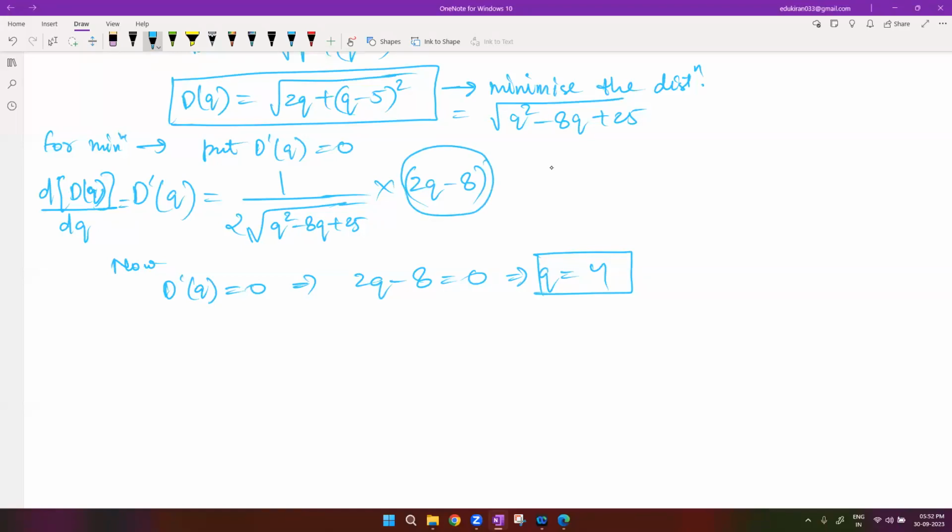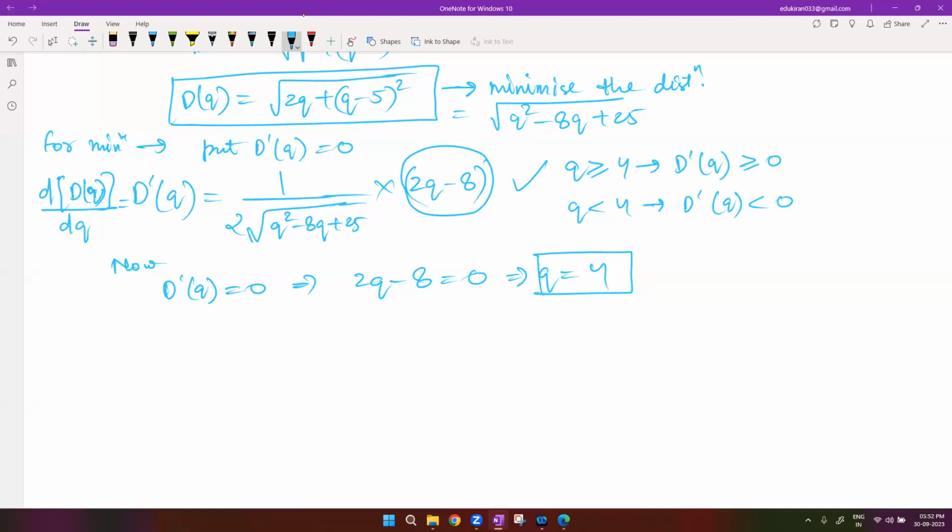and you can see that if q is greater than 4, then this is positive. चेक कर सकता है, q की वैल्यू 4 से बड़ी होगी तो ये पॉजिटिव होगा. If q is greater than equal to 4, then this d dash q is greater than equal to 0, and if q is less than 4, then d dash q is less than 0.